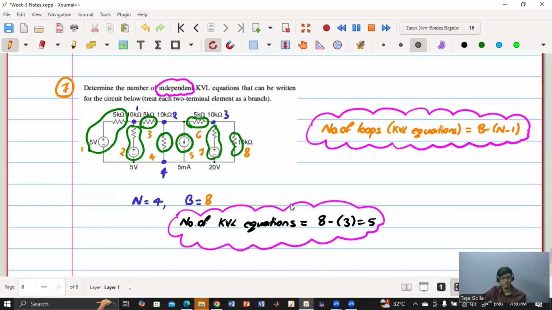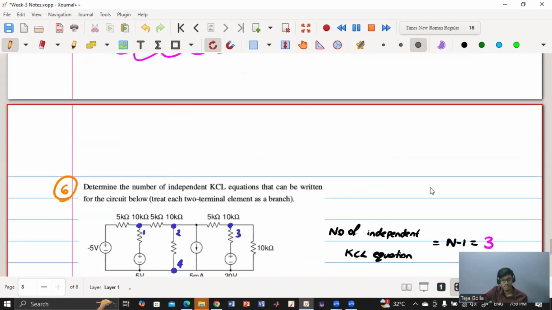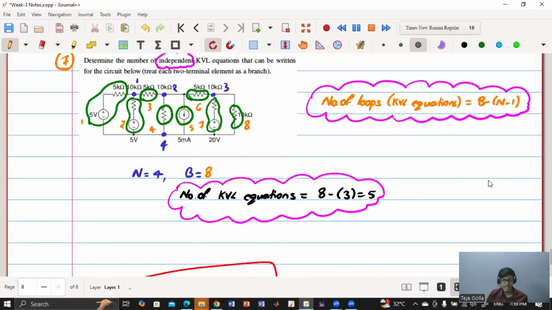That's why we derived this from the tree and the branches of the tree, and that gave us the number of KVL equations as 5.